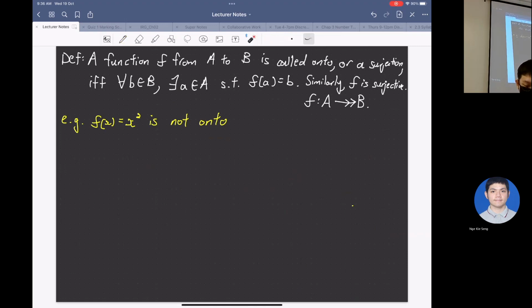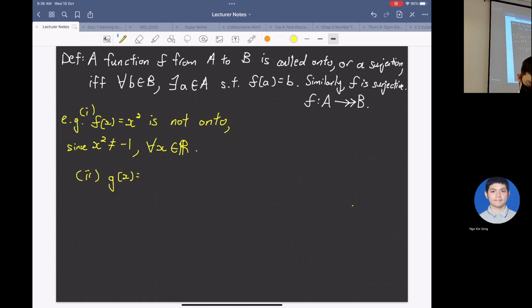I think we saw this reason before, in the proposition. So in particular, x squared cannot equal a negative number for all x in R.